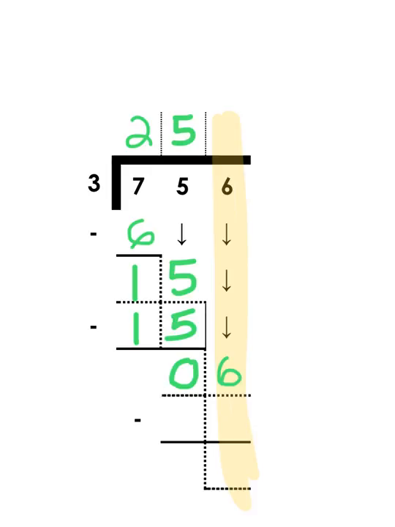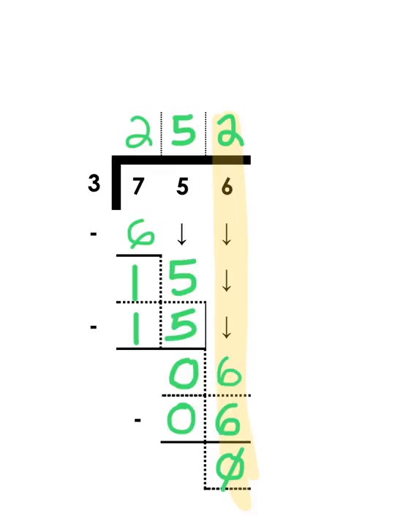Well, I know that 3 times 2 is going to give me 6. I'll just put a 0 there as a place value holder. And then when I subtract 6 minus 6, I'm left with 0. Okay, so let's review. I have nothing left as a remainder, so I'm done. And so my quotient is 252.